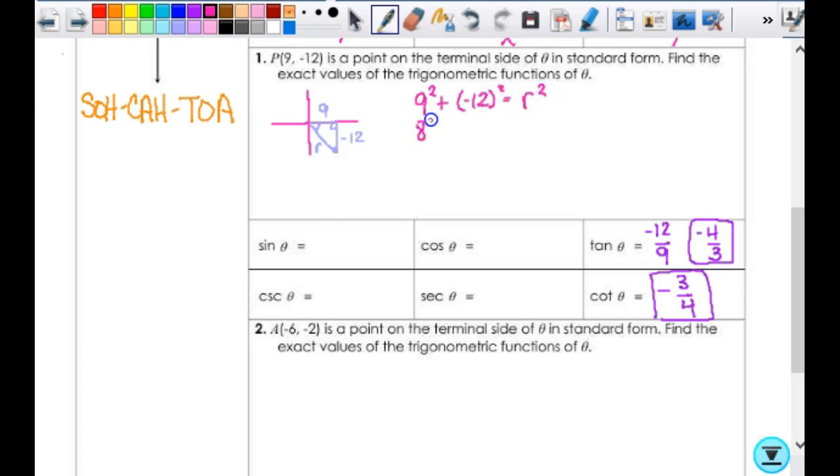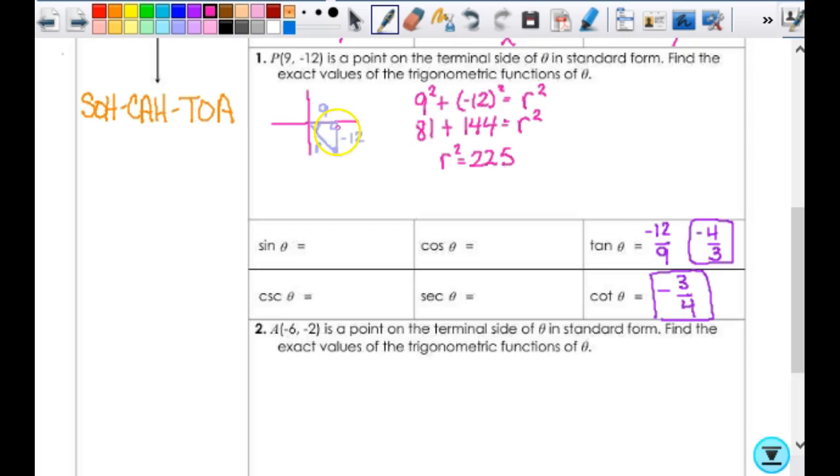So this is going to give me 81 plus 144, and it's positive because it got squared, equals r squared. So r squared equals 225. R technically equals plus or minus 15, but since this is a length, it's positive.